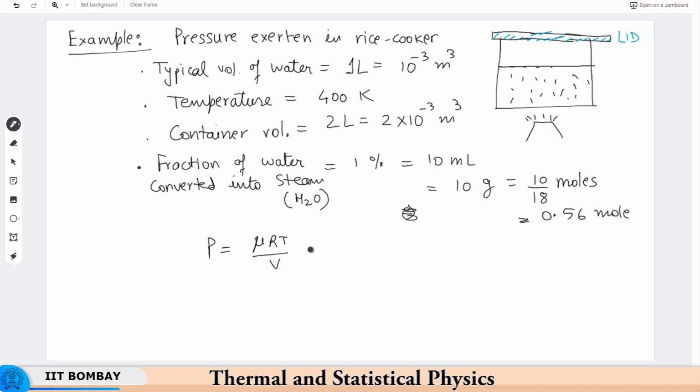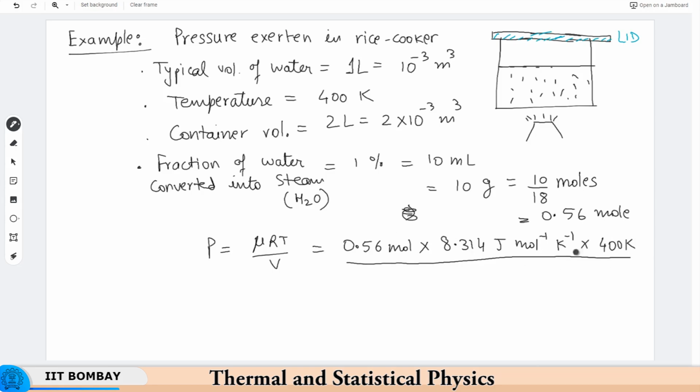So mu is 0.056 mole, times R, the value of R is 8.314 joule per mole per Kelvin, times the temperature, which we assume to be 400 Kelvin, divided by the volume of the container, which is 2 into 10 raised to the power minus 3 meter cube.